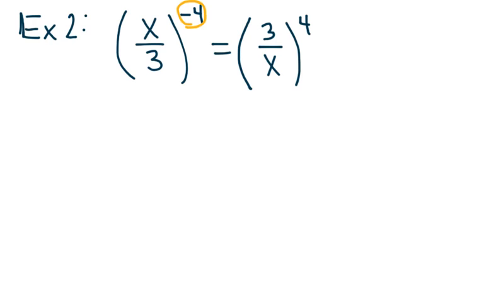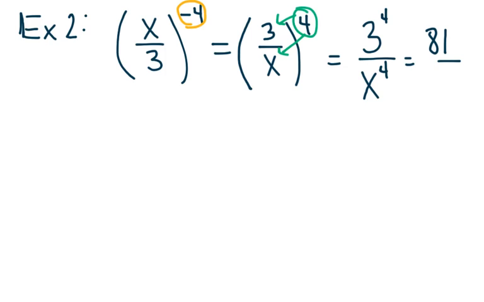So the negative means reciprocal, so it's now to the positive. Now we have a power of a quotient, so we apply the exponent to both the top and the bottom, both the numerator and the denominator. So we have 3 to the 4th over x to the 4th. And you can use a calculator if you need to do 3 to the 4th, but that's 81 over x to the 4th.